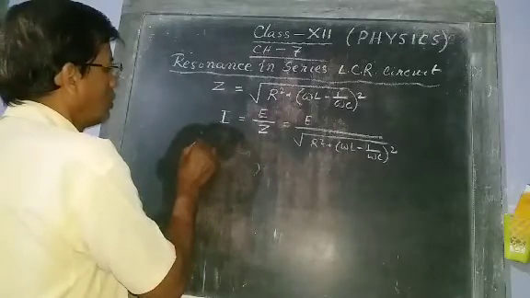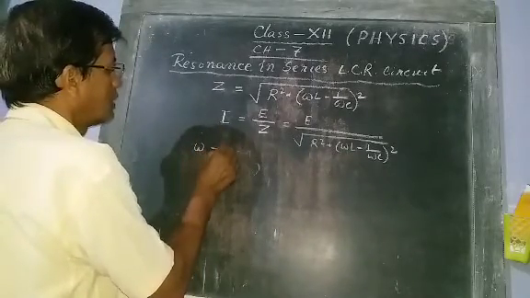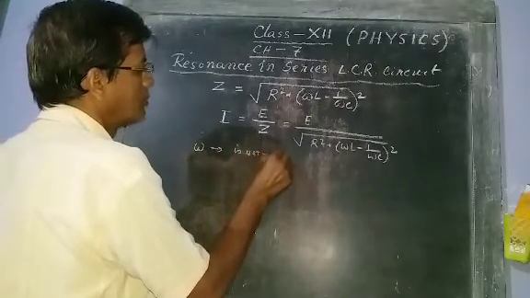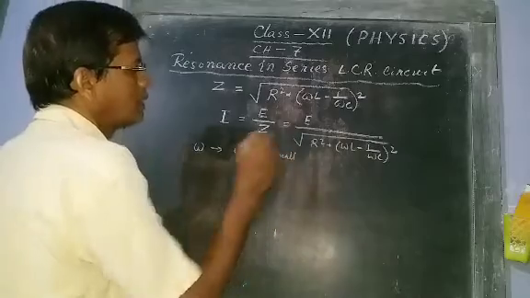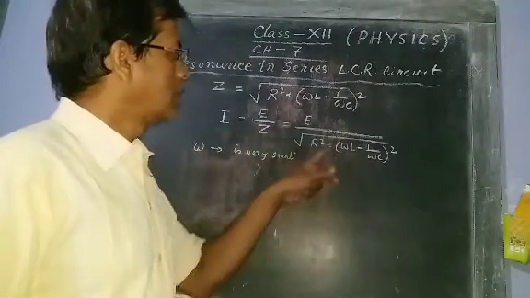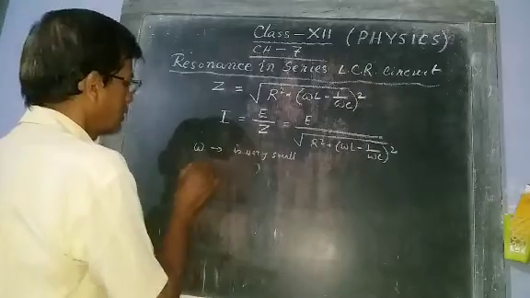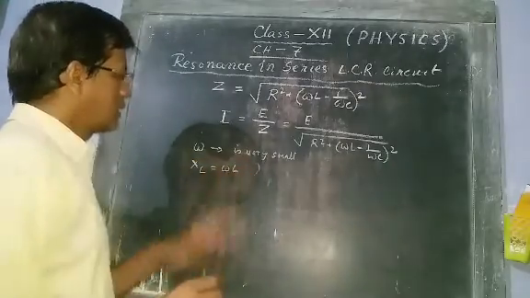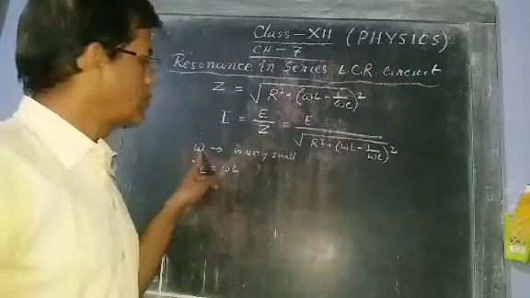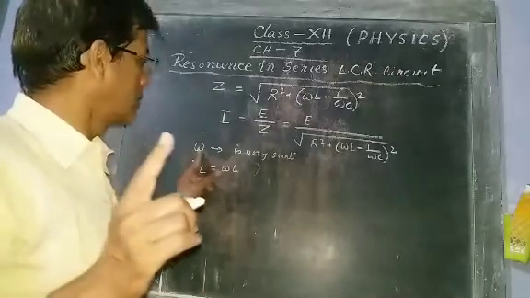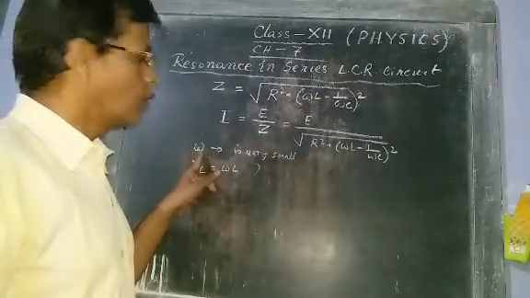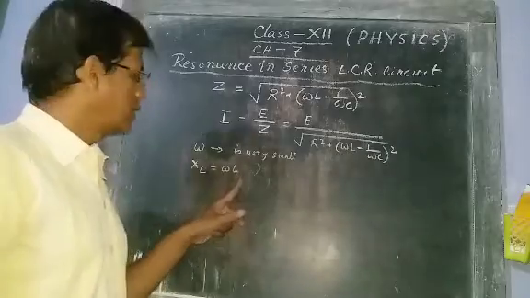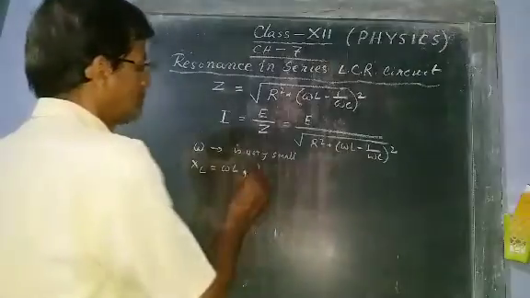Suppose omega is very small. If omega, the angular frequency, is very small, then what will happen? XL equal to omega L, so XL is also very small.